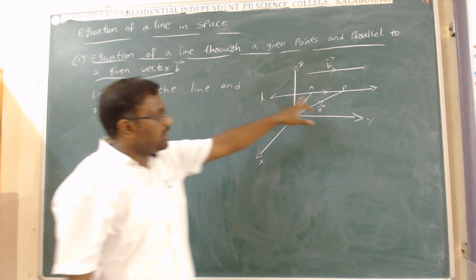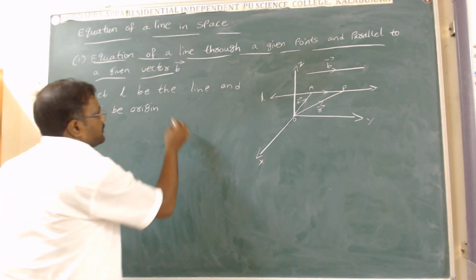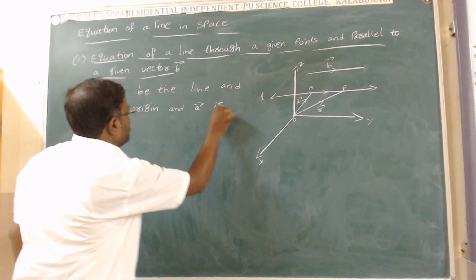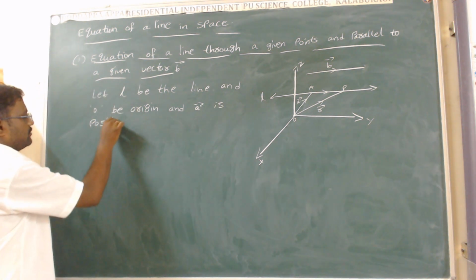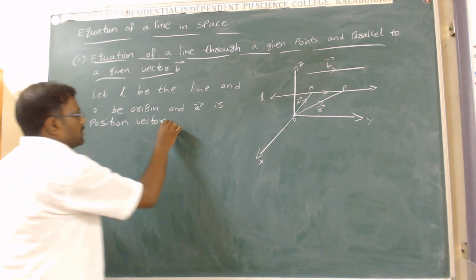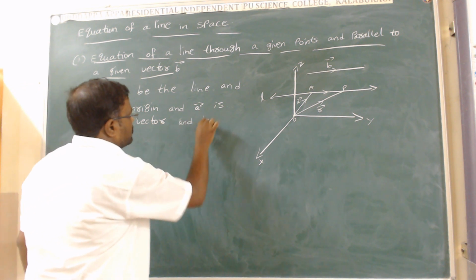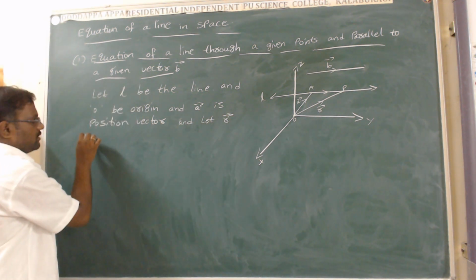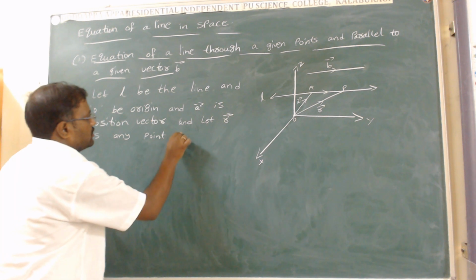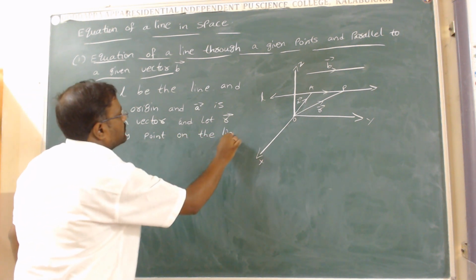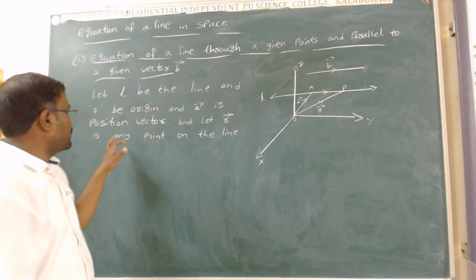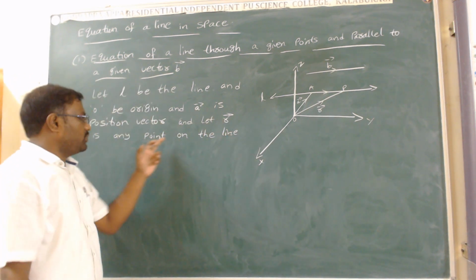Next, vector A is the position vector, and let vector R be any point on the line. These are the given conditions.